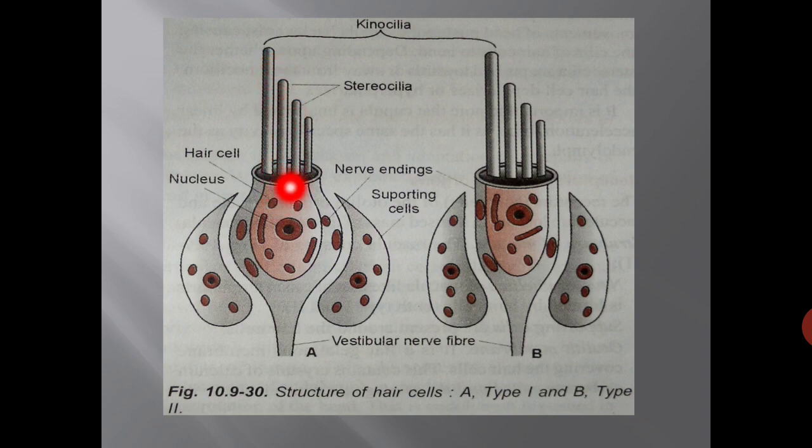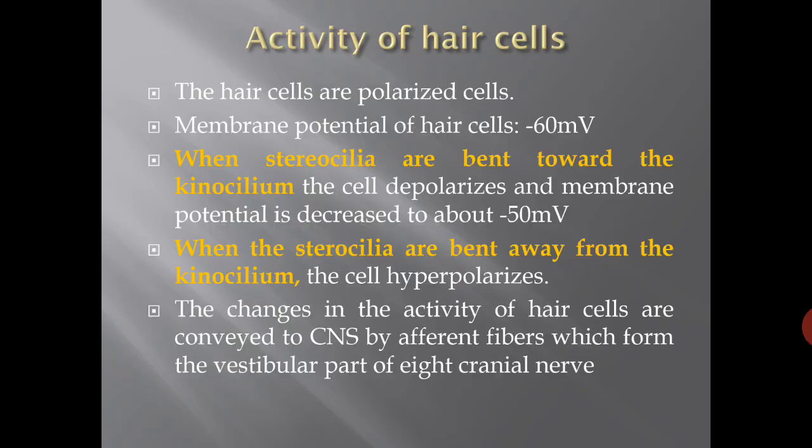So these are the cilia from this cuticle plate. The smaller ones are known as stereocilia, which are motile in nature, and the larger one is the kinocilium, which is non-motile. So type 1 and type 2 hair cells.